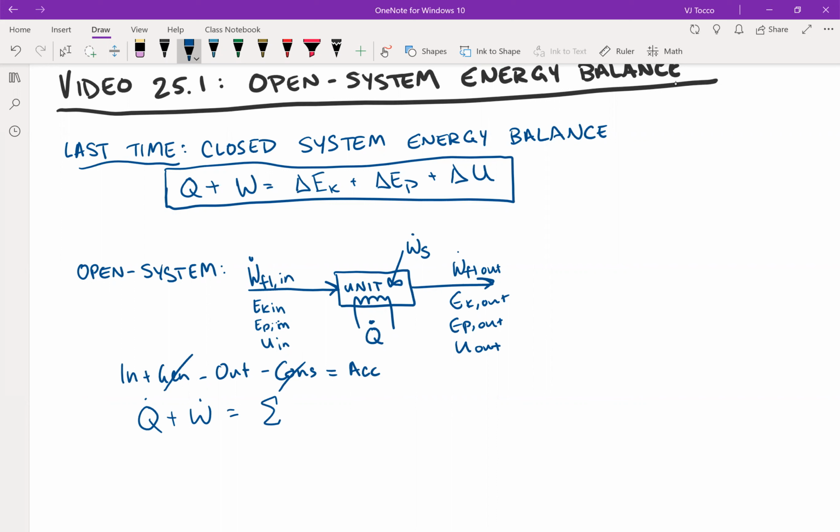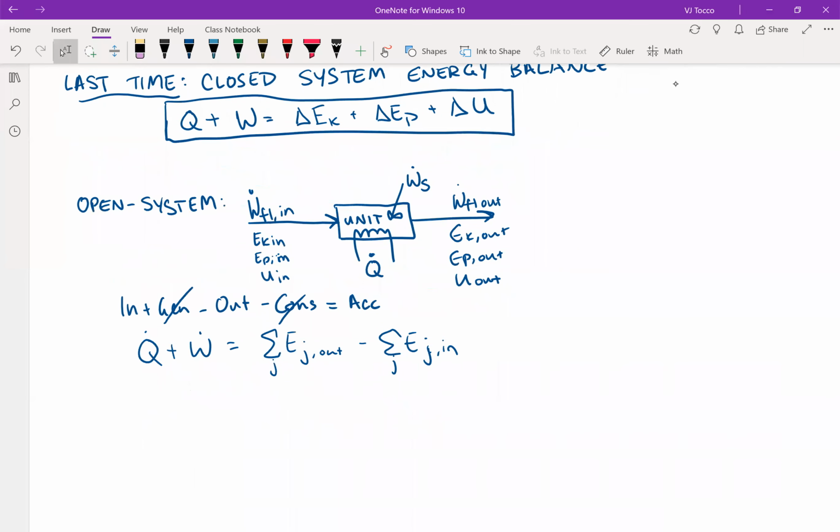So I'll write this as the sum of energy of stream j out minus the sum of energy of stream j in, where if you have multiple inlet streams, you would simply add these up, or several outlet streams, same thing. Work here is going to be subdivided then into two parts. I have shaft work and flow work, which is going to be separate.